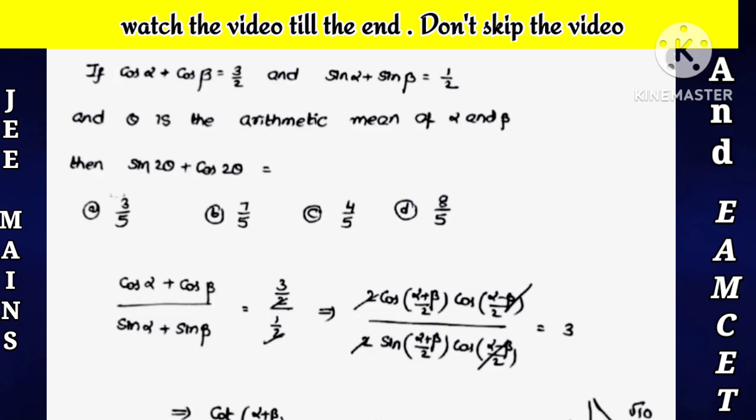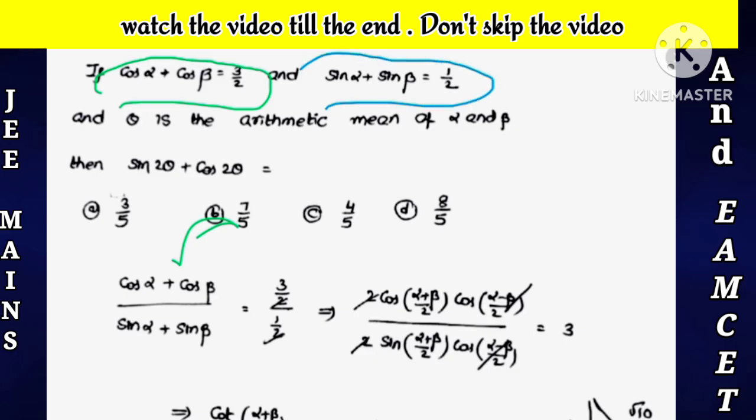Okay, let us see the solution. So first write the given two equations. First equation is cos alpha plus cos beta is equal to 3 by 2. And second equation is sin alpha plus sin beta is equal to 1 by 2. Now I am taking the first equation by the second equation.